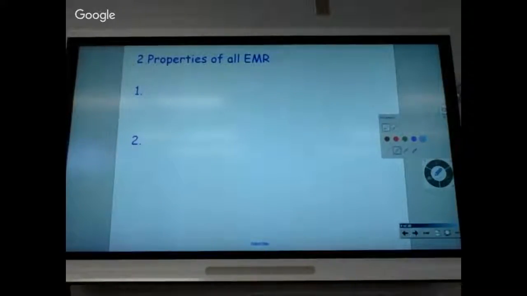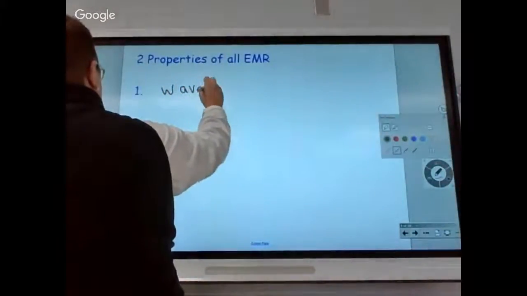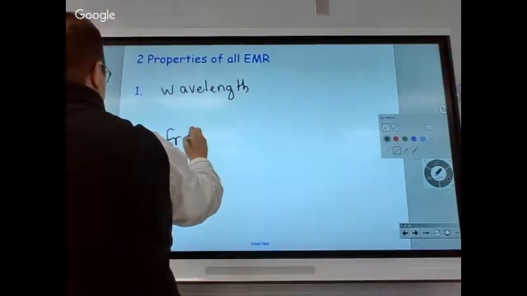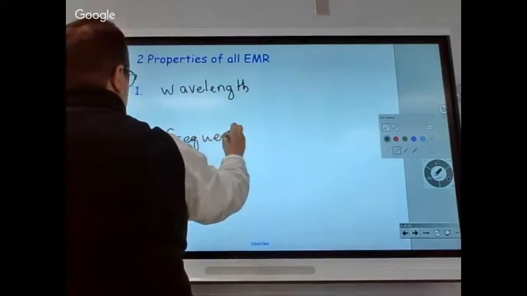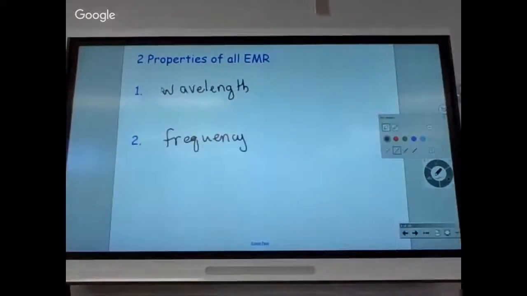Gamma rays we wouldn't want to use to cook our food. So, how do we tell them apart? Wavelength is one, frequency is the other. Okay? So, we use wavelength, and we use frequency.